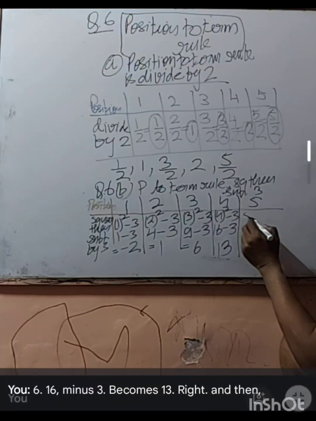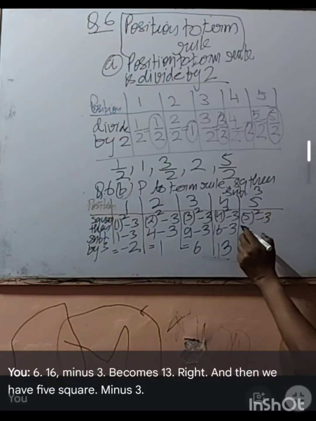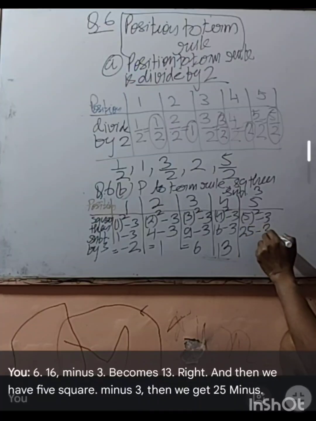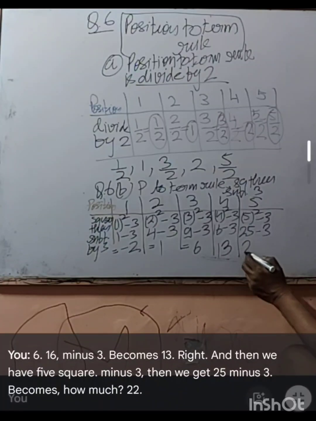And then we have 5 square minus 3. Then we get 25 minus 3, which becomes 22.